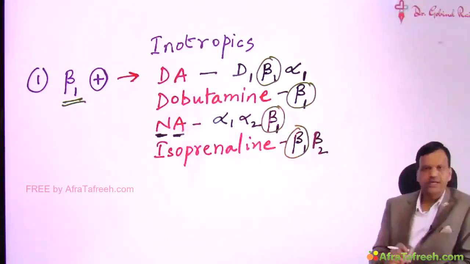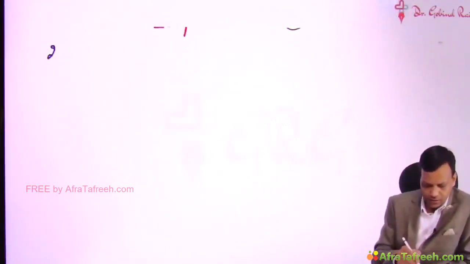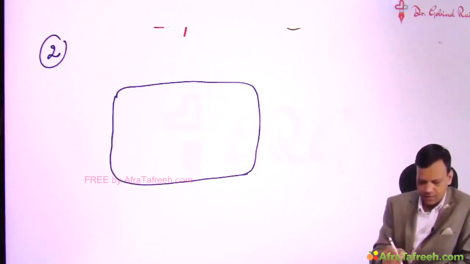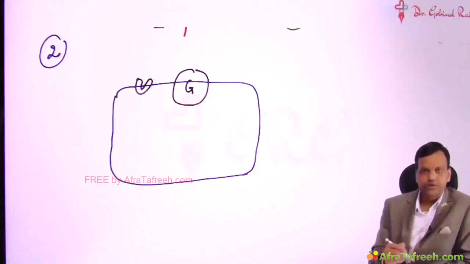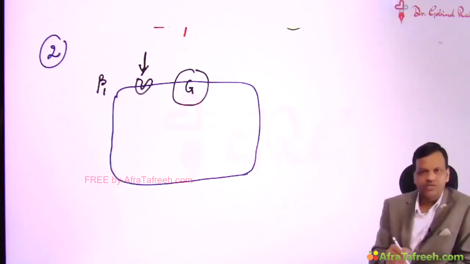If we discuss in detail how beta 1 stimulates the heart, we need to discuss that if this is a cell, we know beta 1 is a G protein coupled receptor. So this is a beta 1 receptor and this is a G protein. When we give any of the drugs which stimulate beta 1 receptors, it will bind to the receptor.